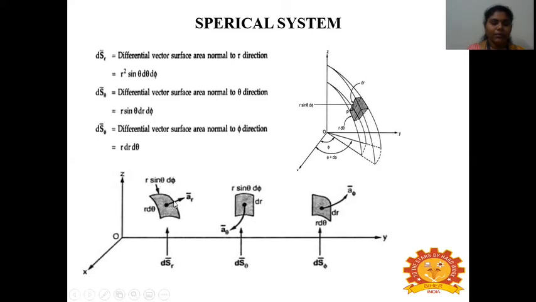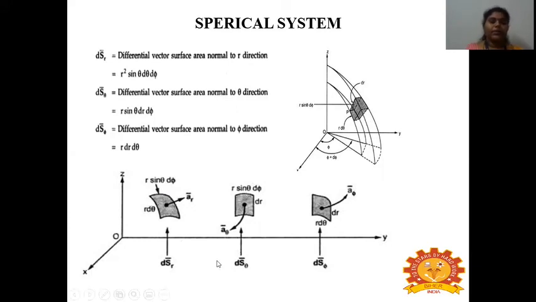The unit vector will be perpendicular, normal to the plane spanned by r d theta and r sin theta d phi. So the resultant surface area will be r square sin theta d phi d theta. So this is the formula to find the surface area which is normal to the r direction.